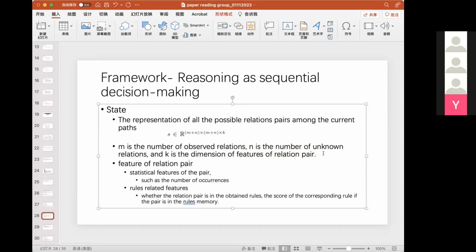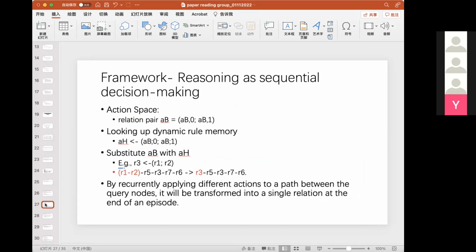So let me introduce why we have the observed relations and the unknown relations here. The idea is that given a relational pair, we try to replace this relational pair with another head relation, but this head relation could be unobserved in the current knowledge graph.